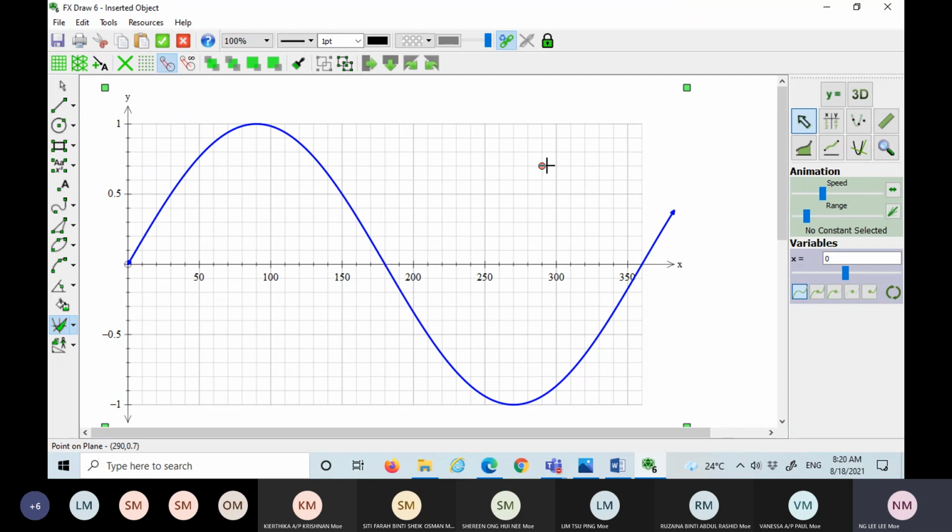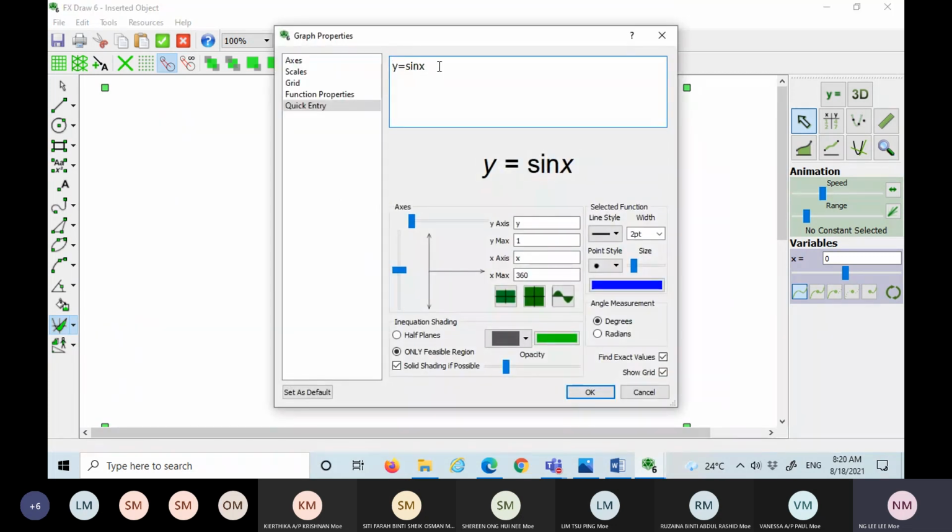Next, the second graph that I'm going to draw on top of it, to compare with the original sine x graph, is 3 sine x. y equals 3 sine x. But if y equals 3 sine x, I have to adjust the axis again. Never mind, I draw first.